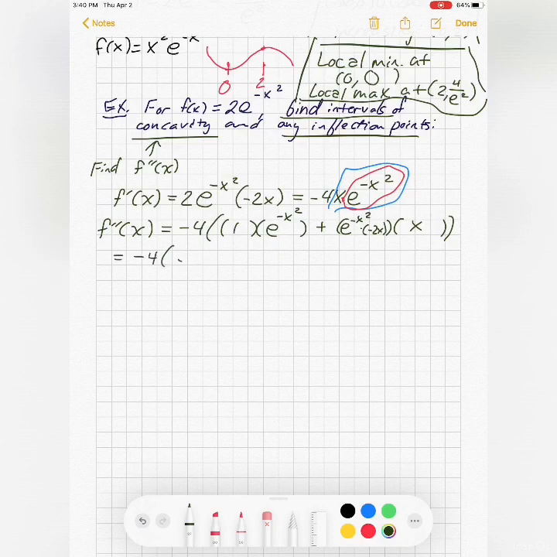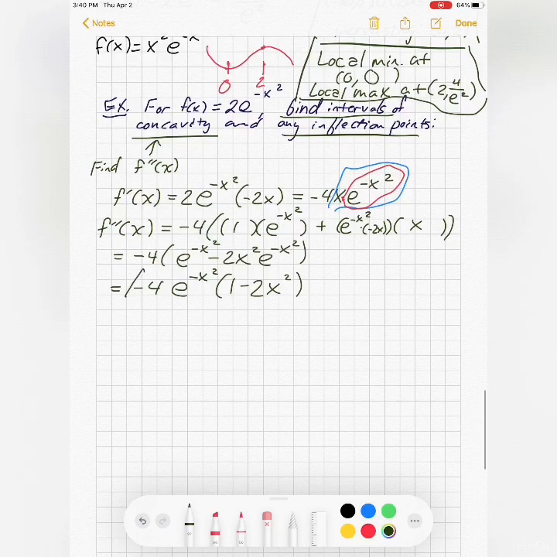So -4 in front, and then what do I have there? Minus 2x squared, e to the negative x squared. Let's factor out e to the negative x squared. 1 minus 2x squared would be left. There's my second derivative.